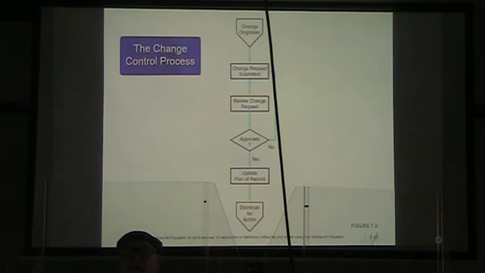All right, so here is our change control process as they visualize it in this flow chart. We have a change that originates, right? Doesn't matter where it originates. We have a possible change.